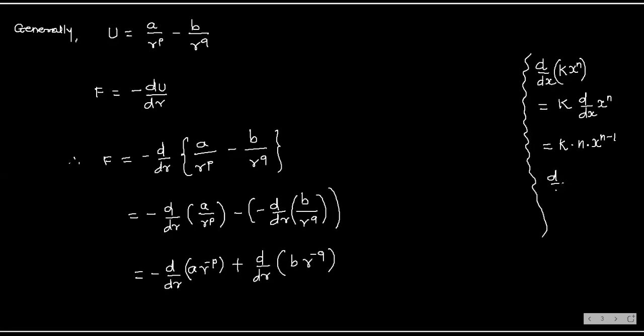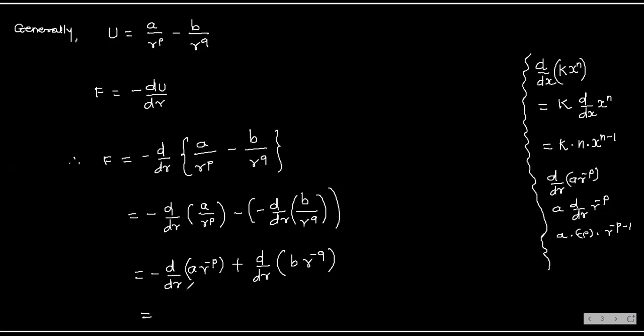So now d/dr of A into R^(-P): A is constant, so A outside, d/dr of R^(-P) is equal to minus P into R^(-P-1). Understand? Got it now? Similarly this also.